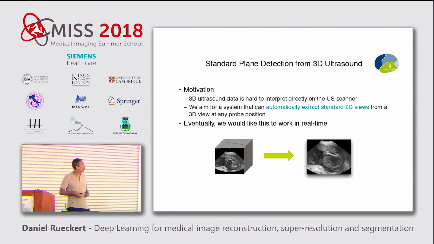What part of the data should you actually show to the sonographer in real time? Well, one idea is you can extract these standard 2D views directly from 3D volumes in real time and show the sonographer the classical views they've acquired, but at the same time you've acquired a whole 3D stack of data.